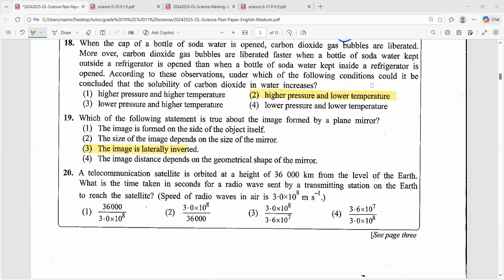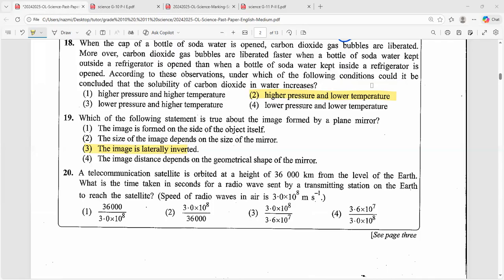Speed equals distance over time, then time equals distance over speed. In the numerator, you should have the distance. Denominator, you should have the speed.